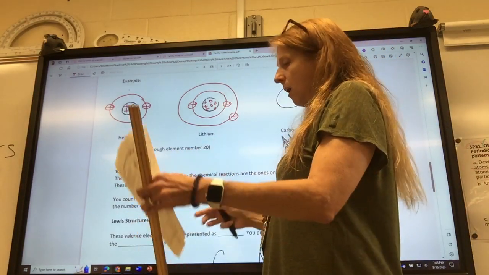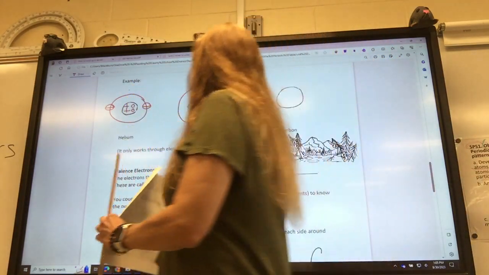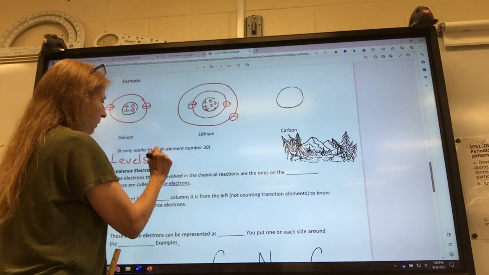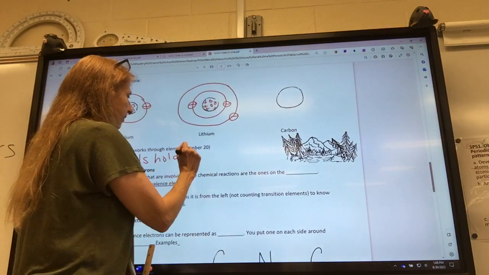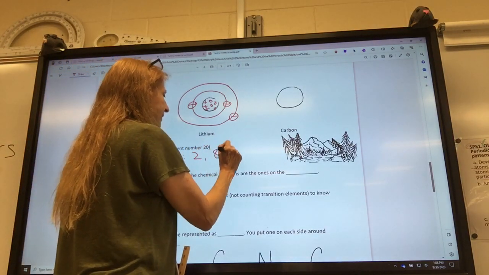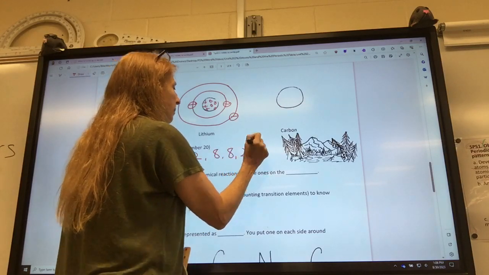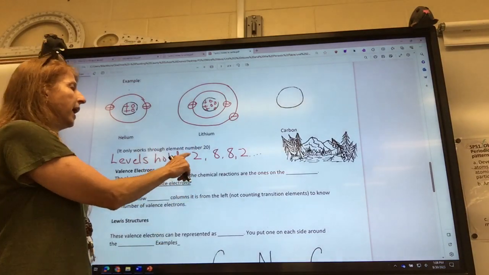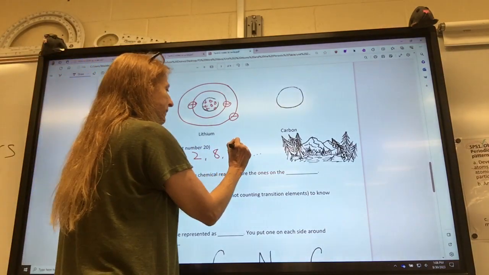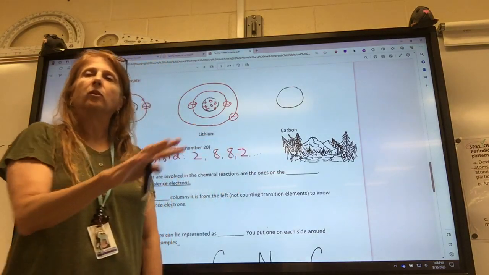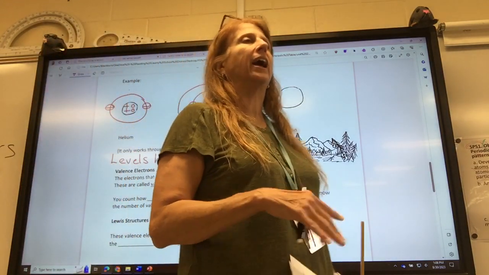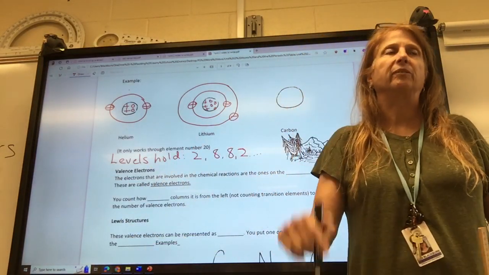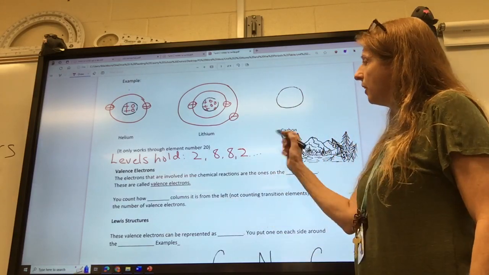So how many the levels hold goes like this: 2, 8, 8, and 2 with some dots, because it only really works through element 20, and 2 plus 8 plus 8 plus 2 is 20. You could put more in that orbital, but this model breaks down after about 20. There get to be some weird things happening, and it doesn't exactly follow the rules. Okay, so that's what the levels hold.